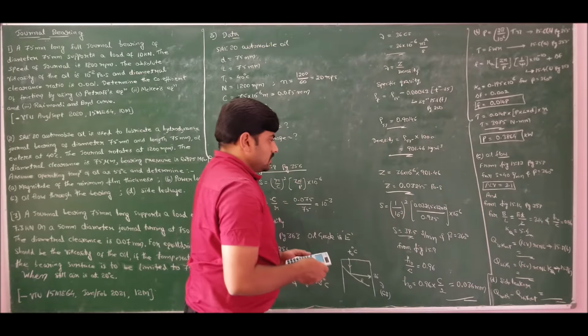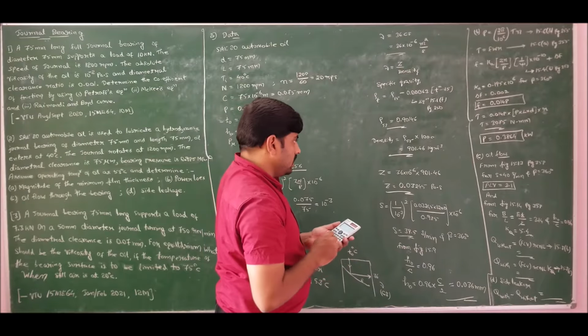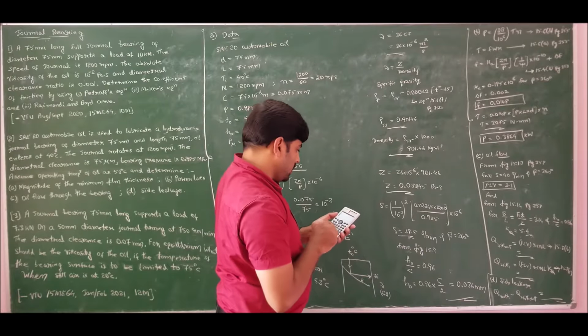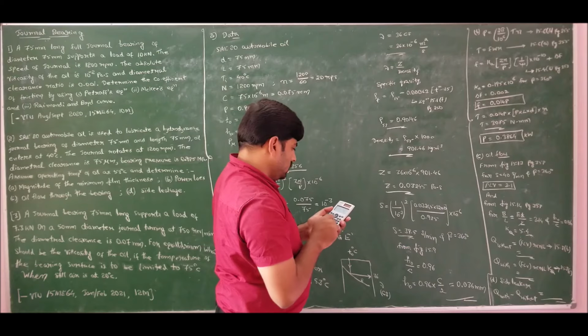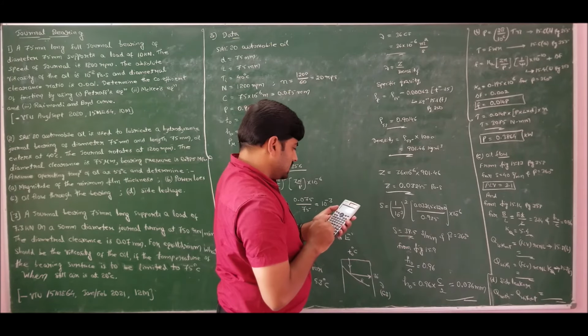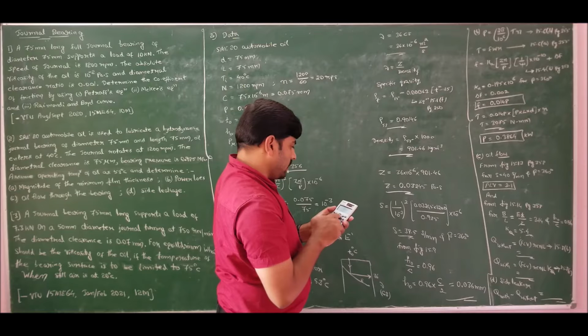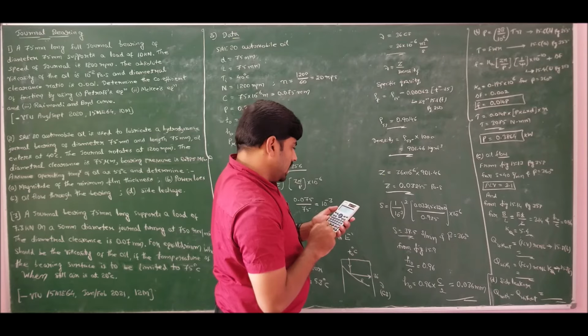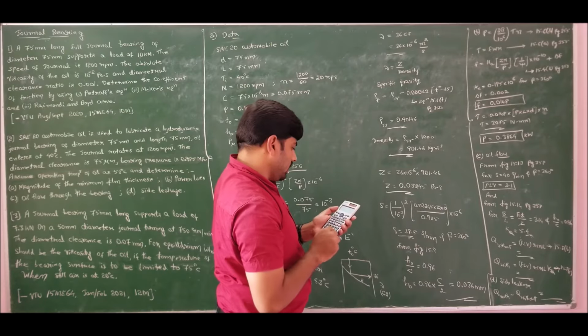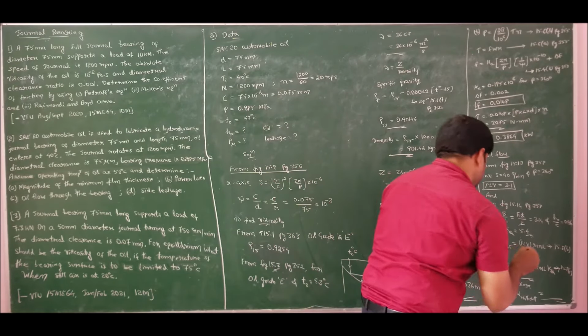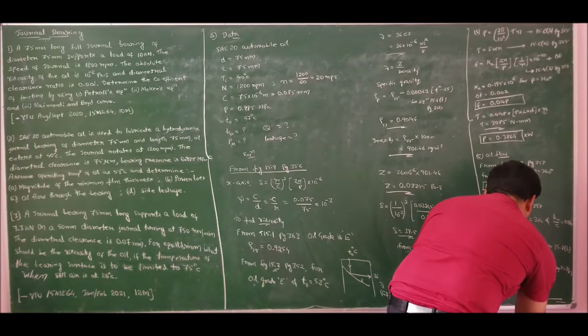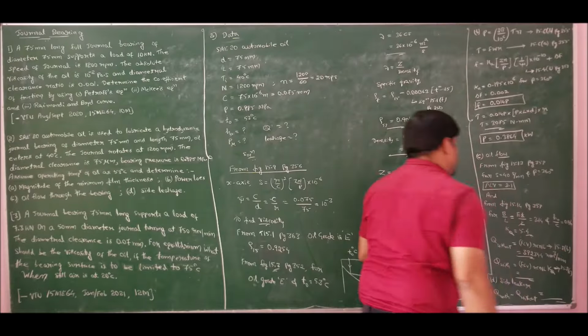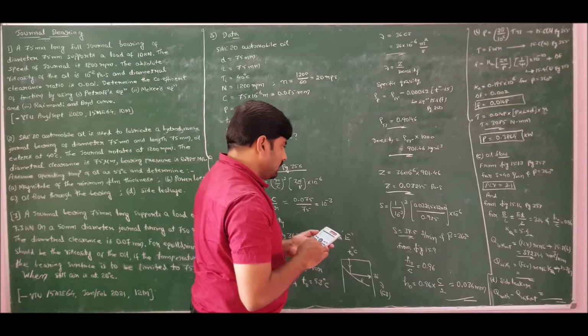That is the side leakage. So flow without leakage will be flow variable 3.1, radius 75 by 2, into radial clearance, which is diametrical clearance by 2, that is 0.075 by 2, into N which is 1200, into length which is 75, which turns out to be 392,344 millimeter cube per minute. This answer is multiplied by the correction factor.